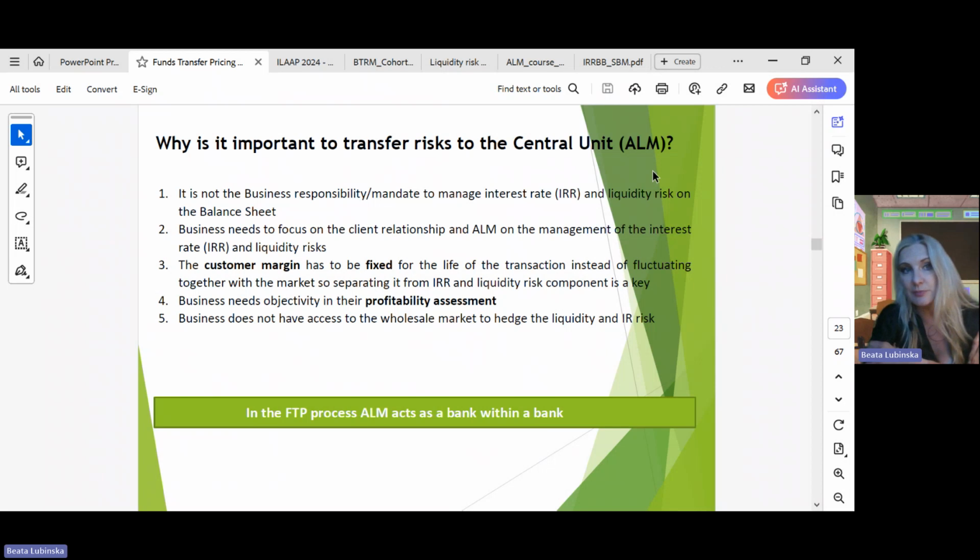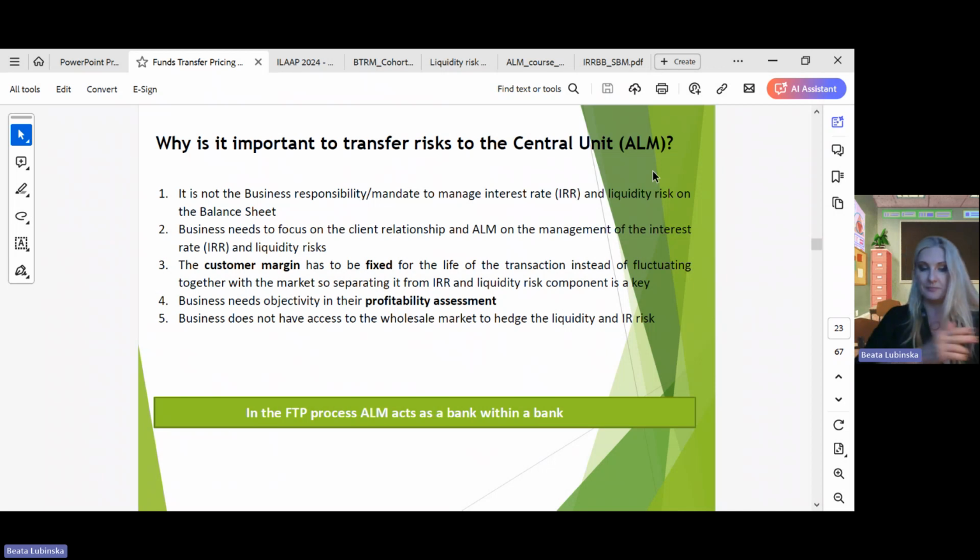And then the second point is that you want to split the business unit margin and the FTP. So you want the price of the product to be adjusted by the risk profile of this product.